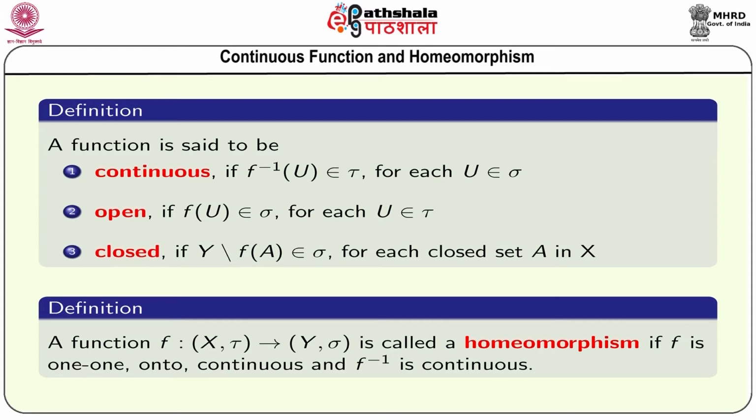Now, we define what is called a homeomorphism. A function f from (X, tau) to (Y, sigma) is called a homeomorphism if f is one-one, onto, continuous, and f inverse is also continuous.